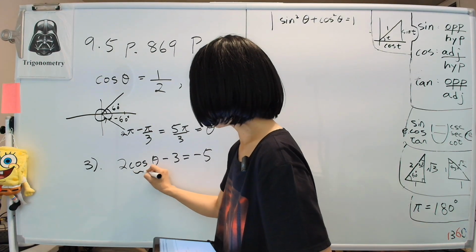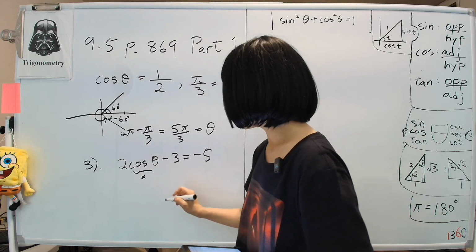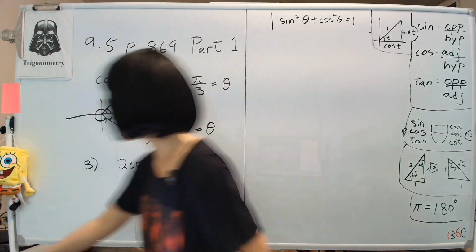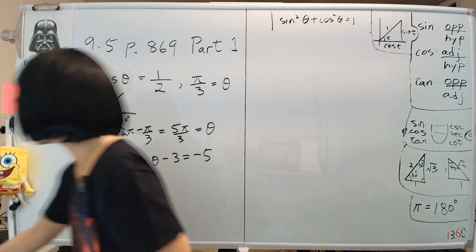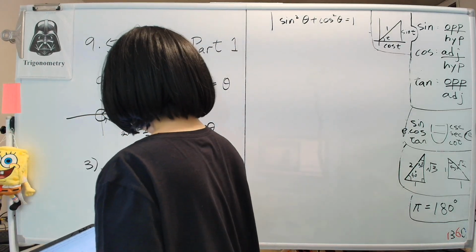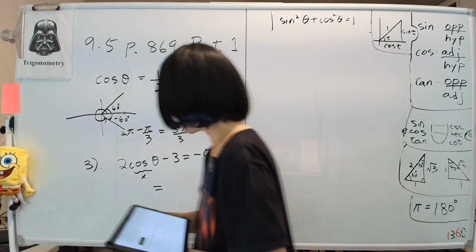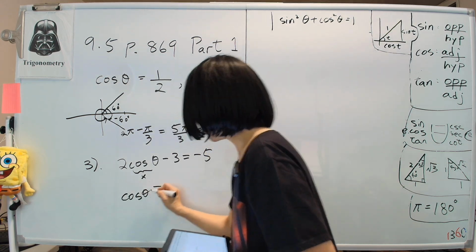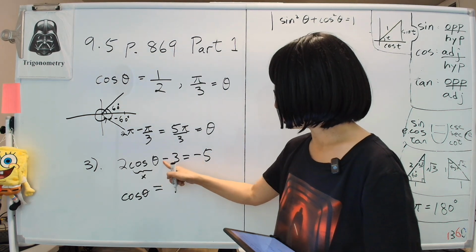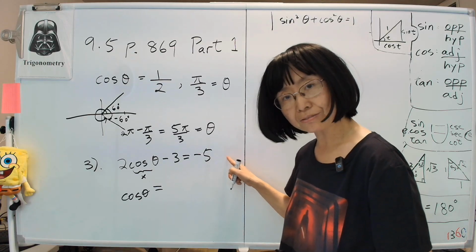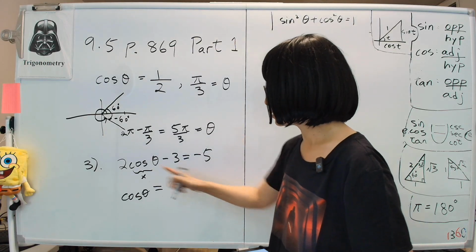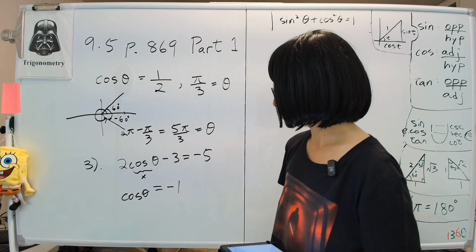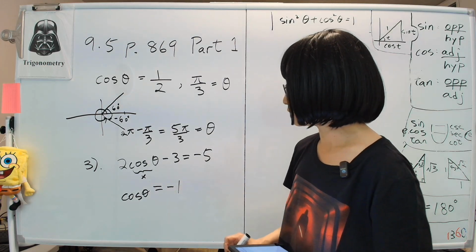Cosine theta will be equal to minus 5, move the minus 3 over here, becomes plus 3. That becomes minus 2, then divided by 2, becomes minus 1. So cosine theta equals minus 1.